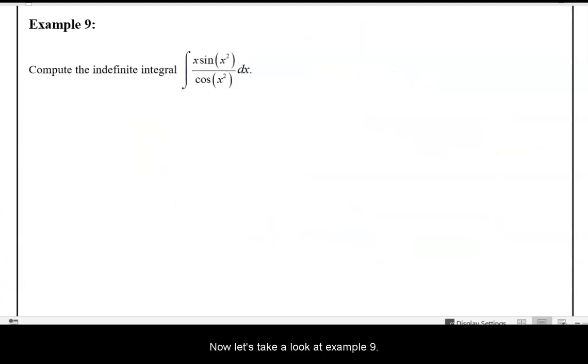Now let's take a look at example 9. Example 9 is not one that involves exponentials or logarithms. It is simply a more complicated u substitution involving a trig function. In this case, I have different places to look for u. Good places for u are the denominator and the argument to trig functions.